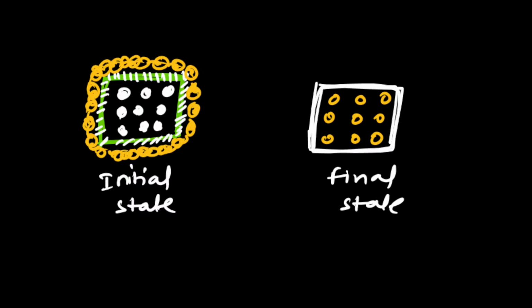Where has the ice melted? In this path only, right? Reaching from the initial state to the final state, in this path only, the ice has melted. How has the ice melted? Whatever heat has been absorbed by the gas, it is giving that heat to the ice to melt.